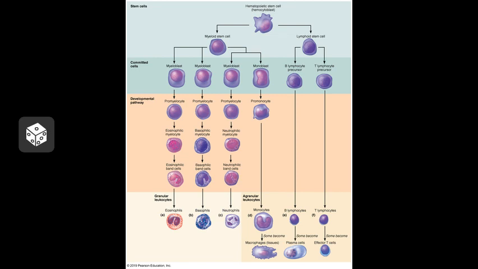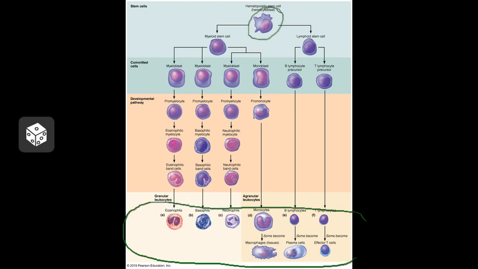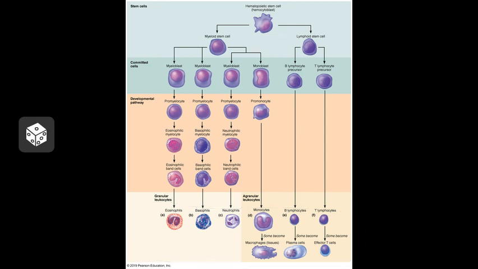This is the process by which stem cells, hemocytoblasts, end up differentiating into the various cellular components of blood. Now, we are going to first look at erythropoiesis in a little bit, which is the production of red blood cells. And by the way, that is regulated by erythropoietin.